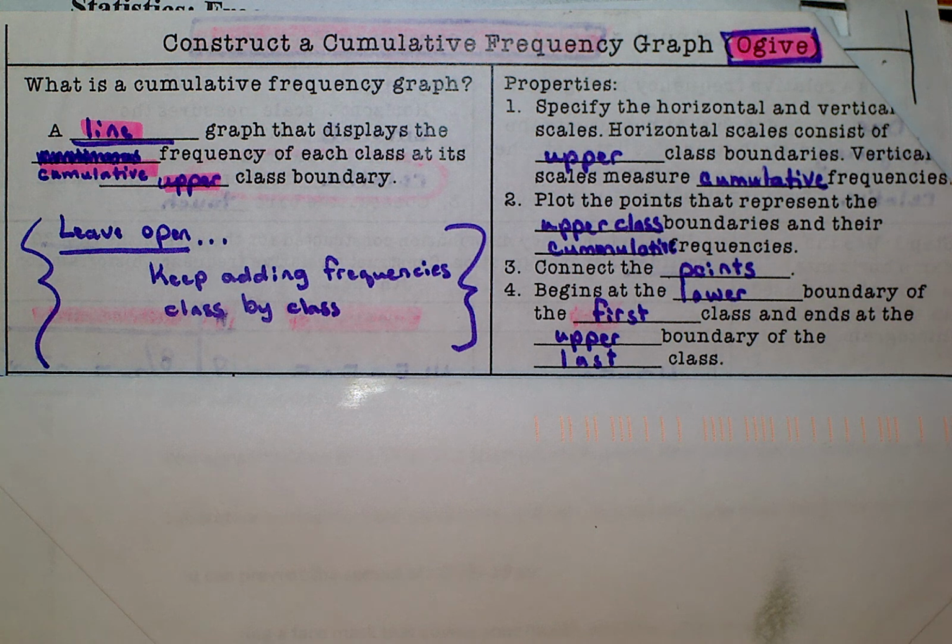So if you recall, the histogram and relative frequency histogram, they were bar graphs. This one's going to be a line. It's going to display the cumulative frequency of each class at its upper class boundary.